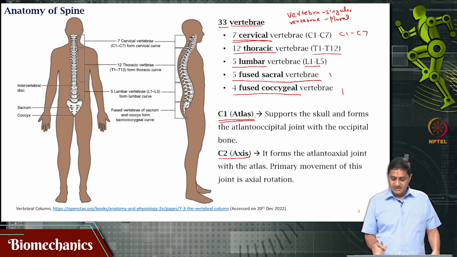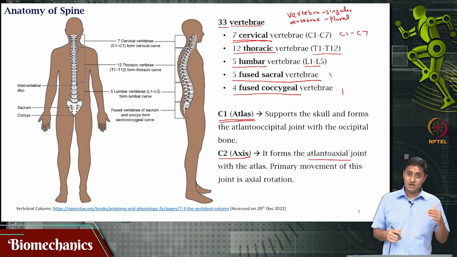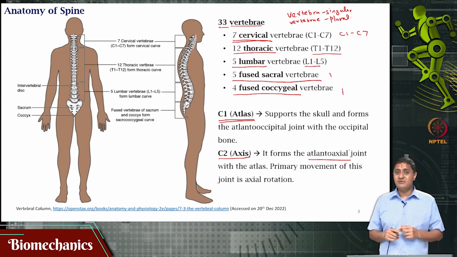Right. This bone forms the so-called atlanto-axial joint. So, there is the atlas at the top, which is the first vertebra, C1, and the axis as the second vertebra, which is C2. The joint between the atlas and the axis is called the atlanto-axial joint. Right.